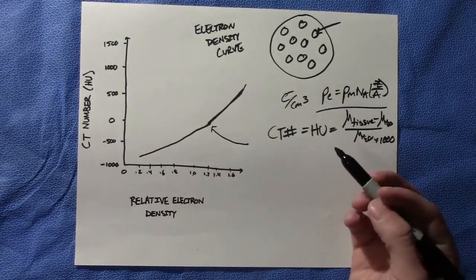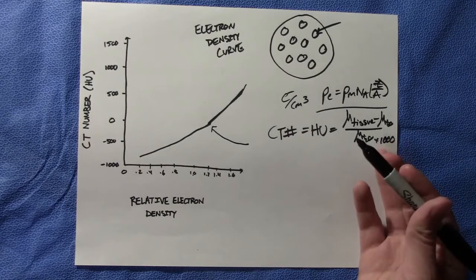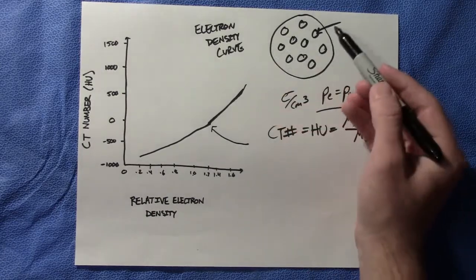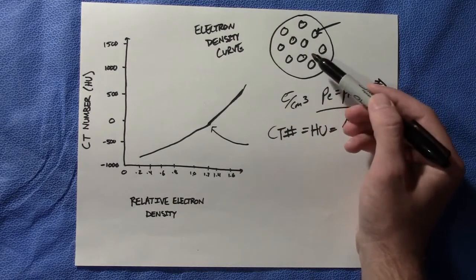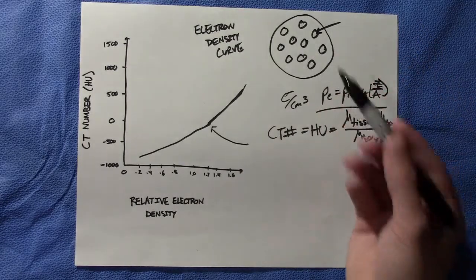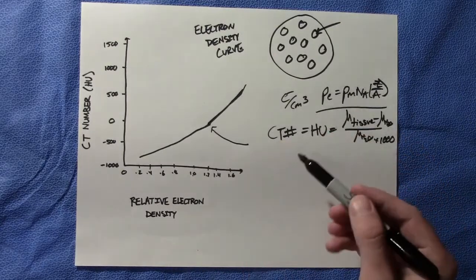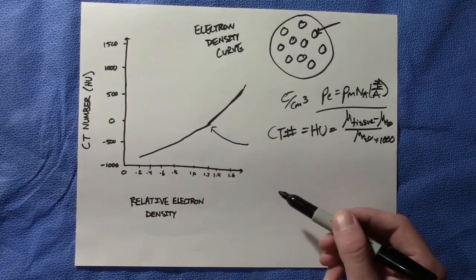So the correlation of CT numbers and electron densities using a phantom. Now this Gammex phantom, which is what I mentioned up here, you use that once a year, annually, just to verify these numbers. That's part of your TPS QA, your CT QA annually.